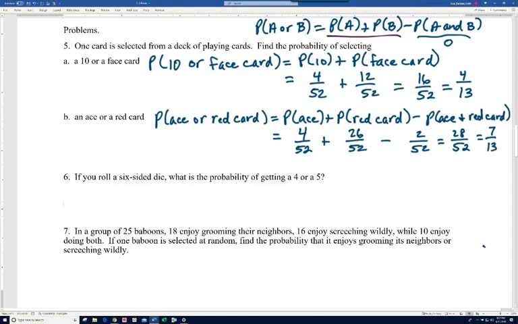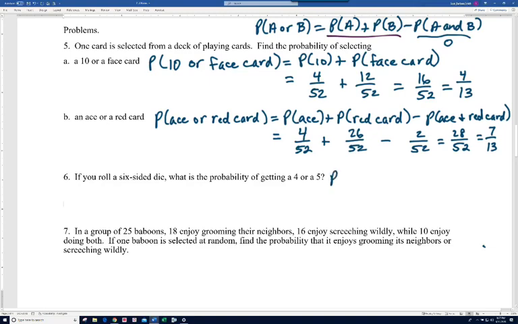All right, let's move on to number 6. It says if you roll a 6-sided die, what is the probability of getting a 4 or a 5? Well, we know it's not possible when you roll one 6-sided die that you could get a 4 and you could also get a 5 in one roll.